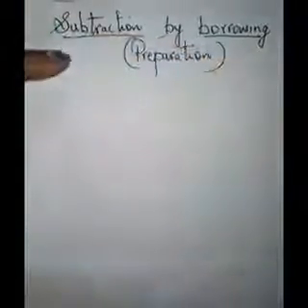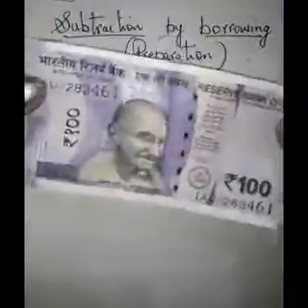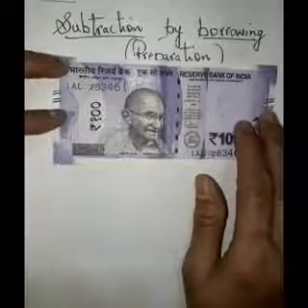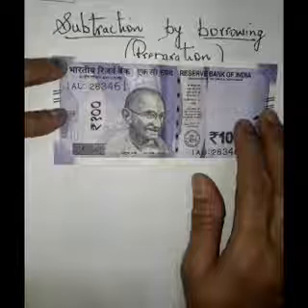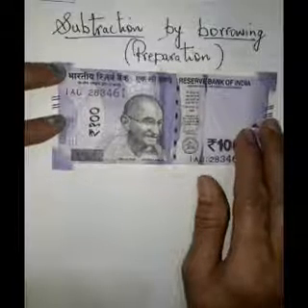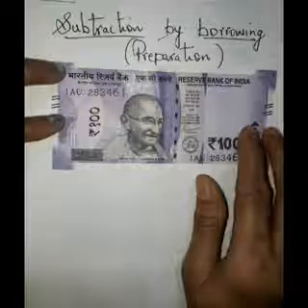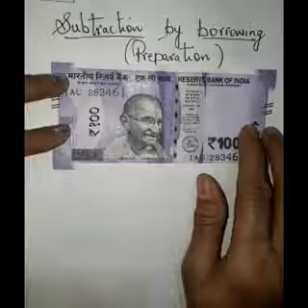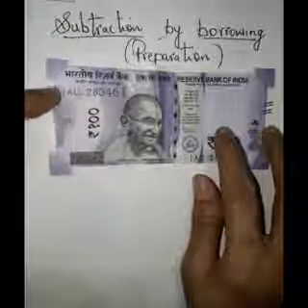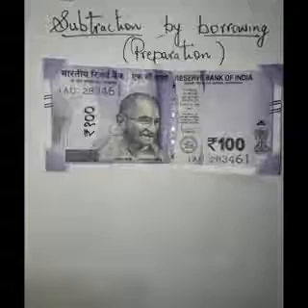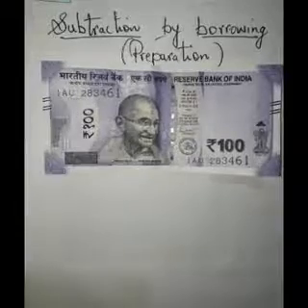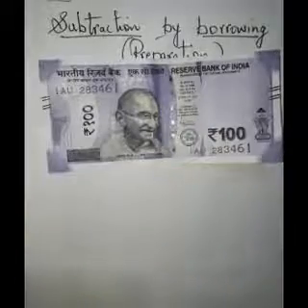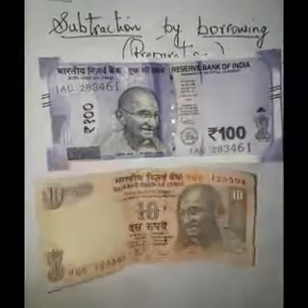Now next I have a 100 rupees note over here and I want change for this 100 rupees note. Again I want only 10 rupees notes. So let's count 10, taking 10 till 100. This is 1 tens is 10.